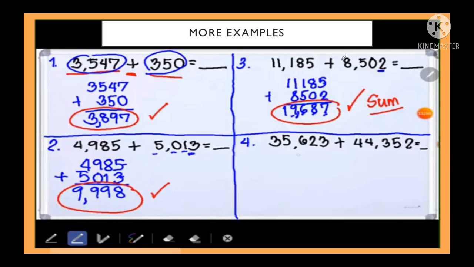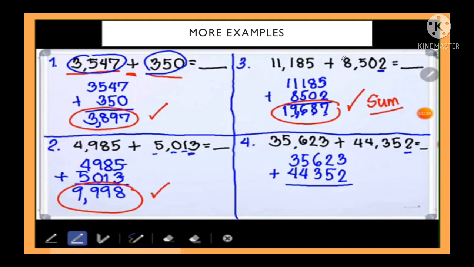Now let us write those. Start with 35,623. And then we will start here in the ones place. So we'll put 2, 5, 3, 4, 4. Do not forget the symbols.